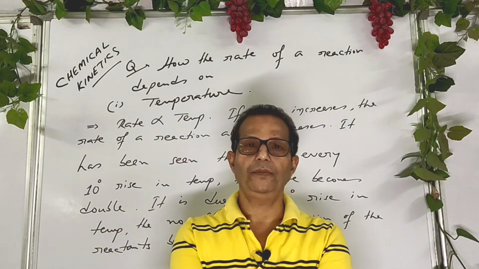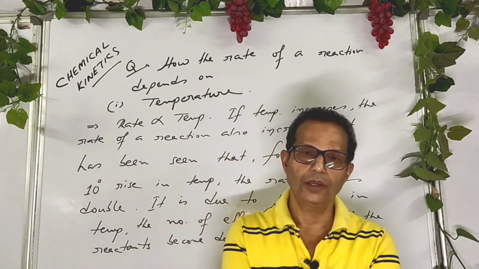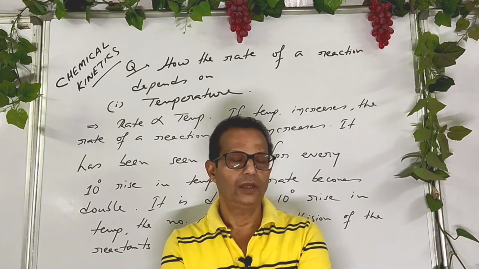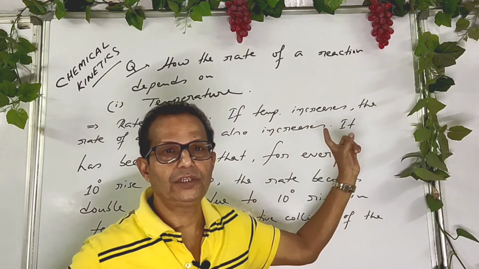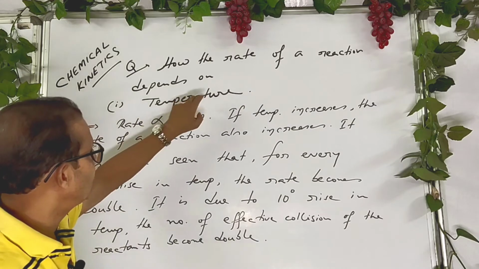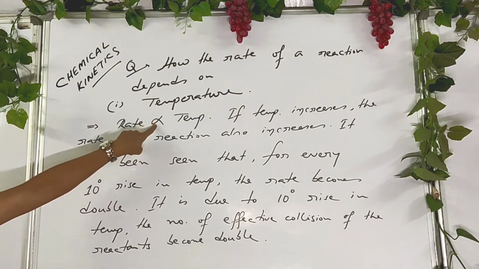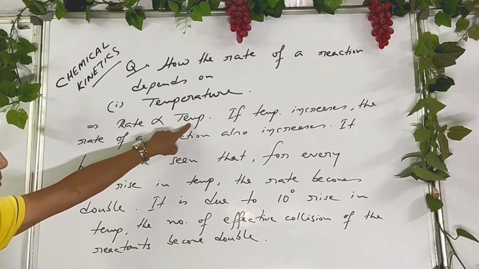Let's start the second part of expected questions and answers of chemical kinetics. This is the very important question. See the question, how the rate of a reaction depends on temperature. You see, the rate is directly proportional to temperature.